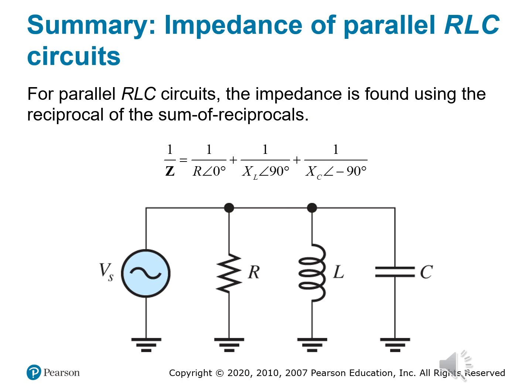The formula is 1 over Z equals 1 over R at an angle of 0, plus 1 over X sub L at an angle of 90, plus 1 over X sub C at an angle of negative 90. Instead of adding the elements directly, we add their reciprocals because that's how parallel circuits play.